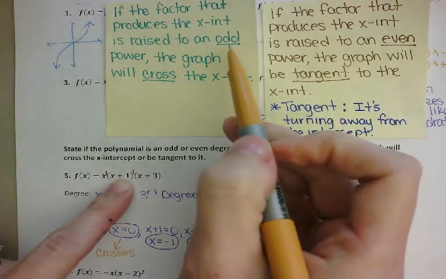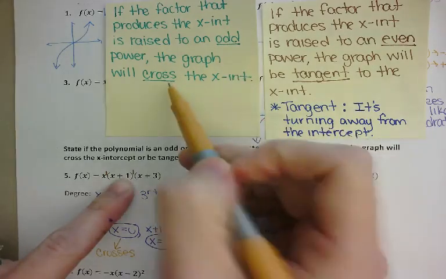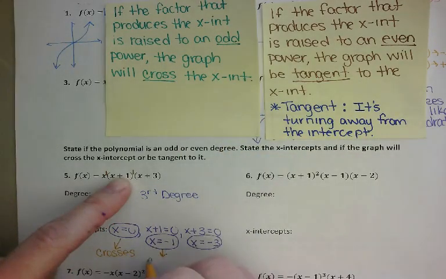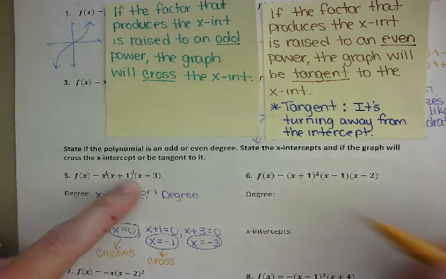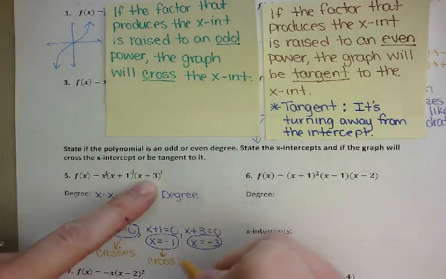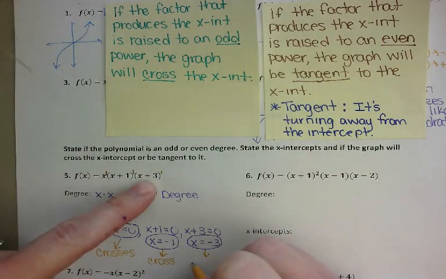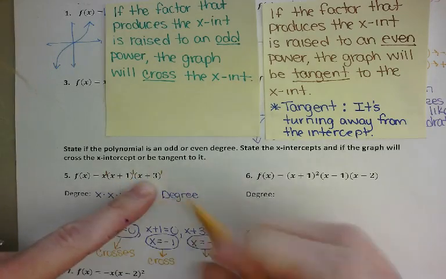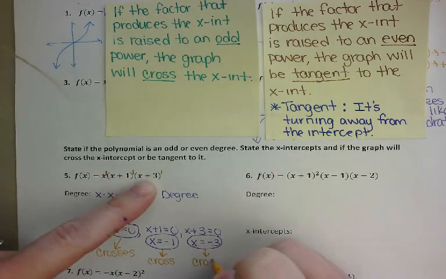So because 1 is an odd number, it's also going to cross the x-axis. And we'll deal with graphing in just a second. X plus 3 is also raised to the first, which is an odd number. And odd numbers for the exponents tell us that we are going to cross through the x-intercept.